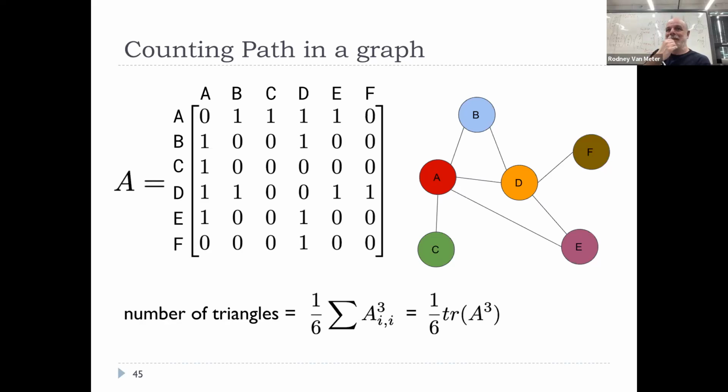But we have to divide by 6 because we've got to take into account all of the 6 possible paths we're talking about here. But the entries on the diagonal of the graph are paths that start at A and end at A, or start at B and end at B, or start at C and end at C. So each of these paths for the triangle is going to be represented there.